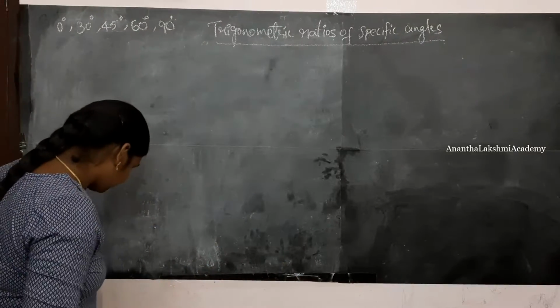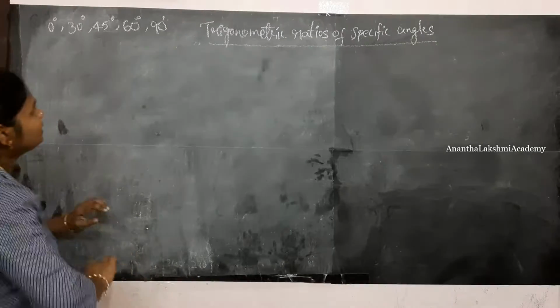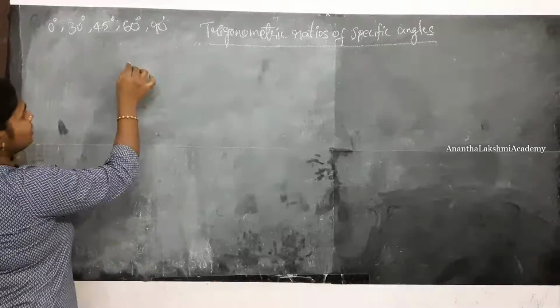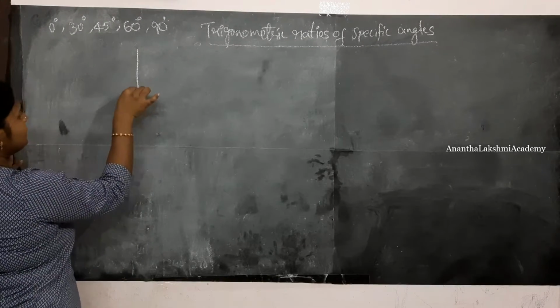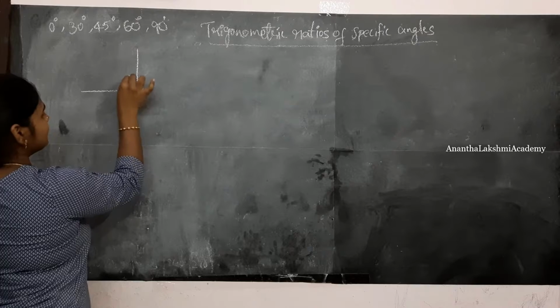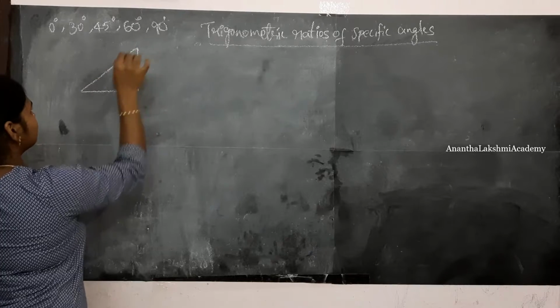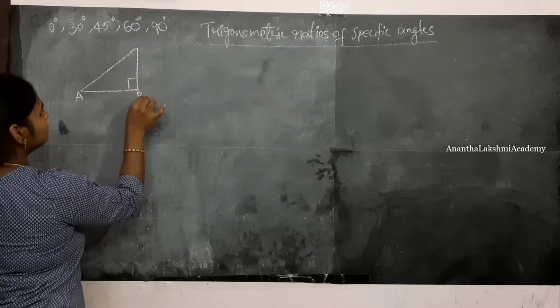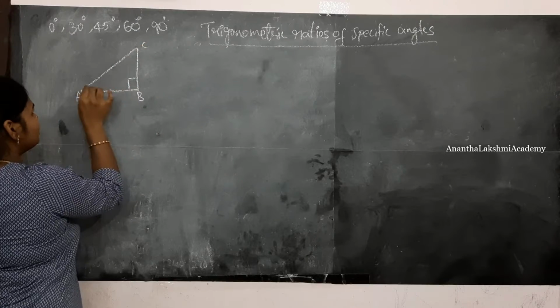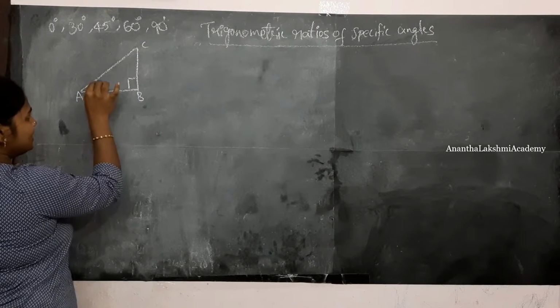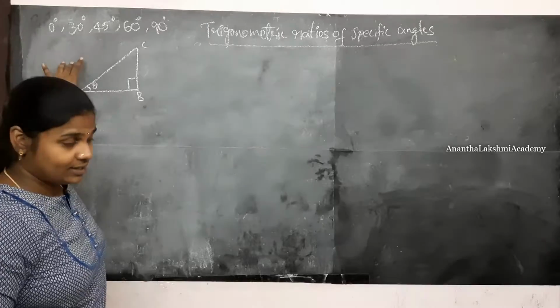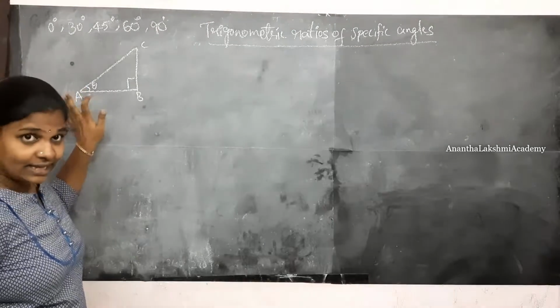So when we are discussing trigonometric ratios, we know that we have considered a right angle triangle like this, and assume that there is an angle theta, and all the ratios were written corresponding to this angle theta.